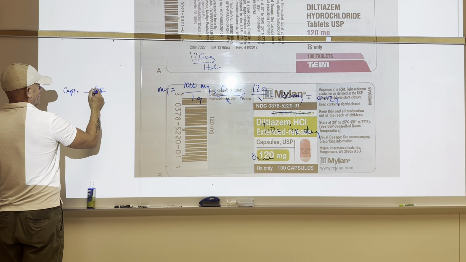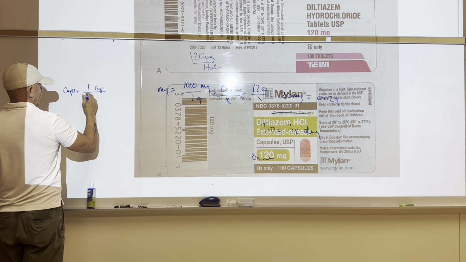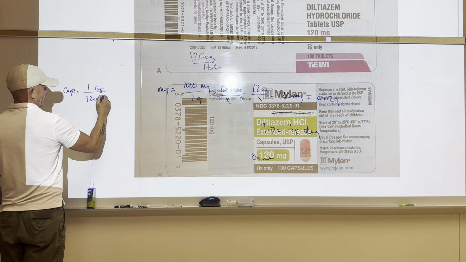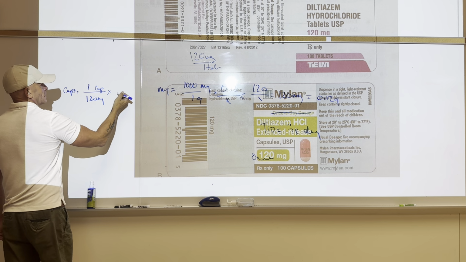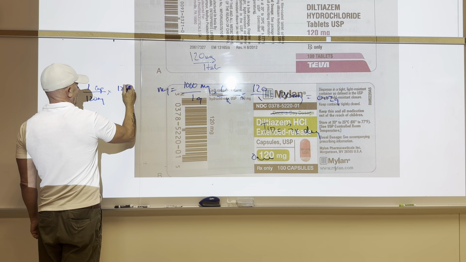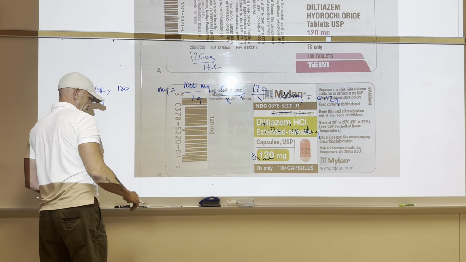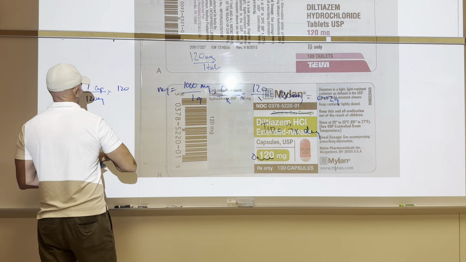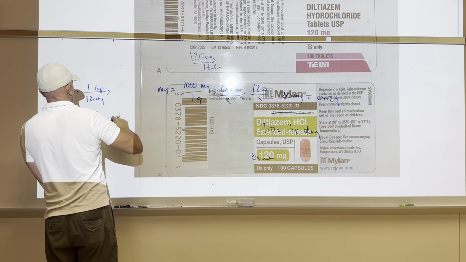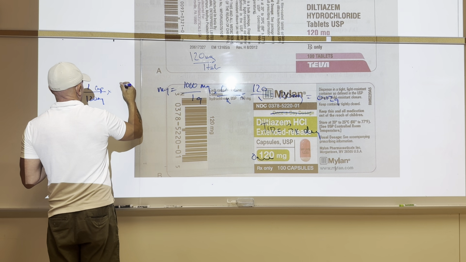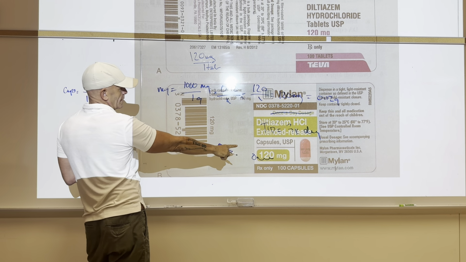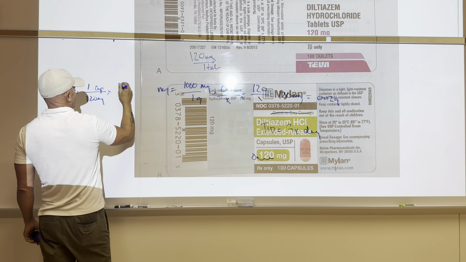All right, so 1 cap equals 120 milligrams. You're going to look for 360 because 3 of those a day is what? 360.